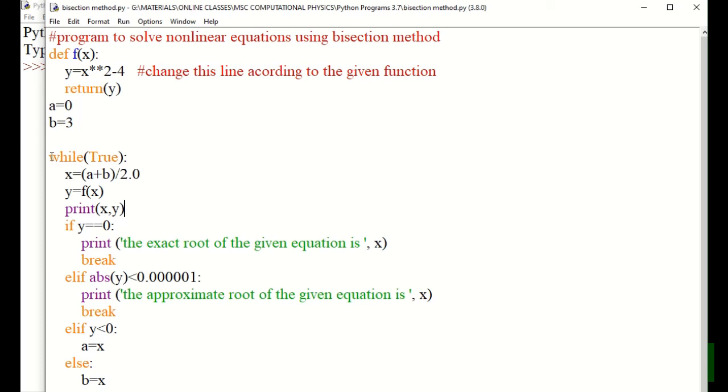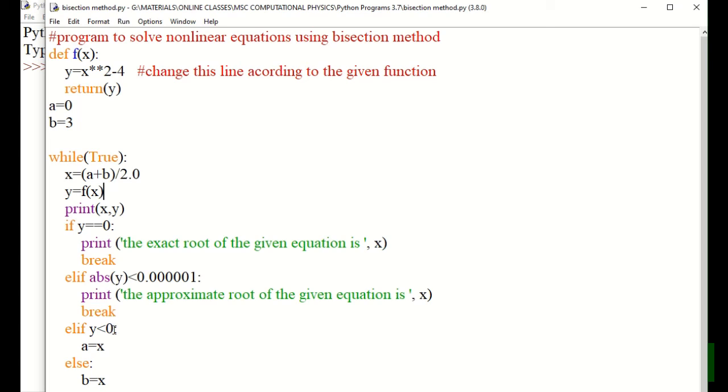Please note that my loop, while true, is an infinite loop. What I have done is I evaluated the midpoint, then evaluated the function at the midpoint, then checked whether it is 0 or much closer to 0. If it is 0, I got the solution, print the result and break the loop. Else, if the result is much closer to 0, again I can stop the iteration and break the loop. If these are not the cases, still there are other possibilities. Y can be less than 0 or y can be greater than 0.